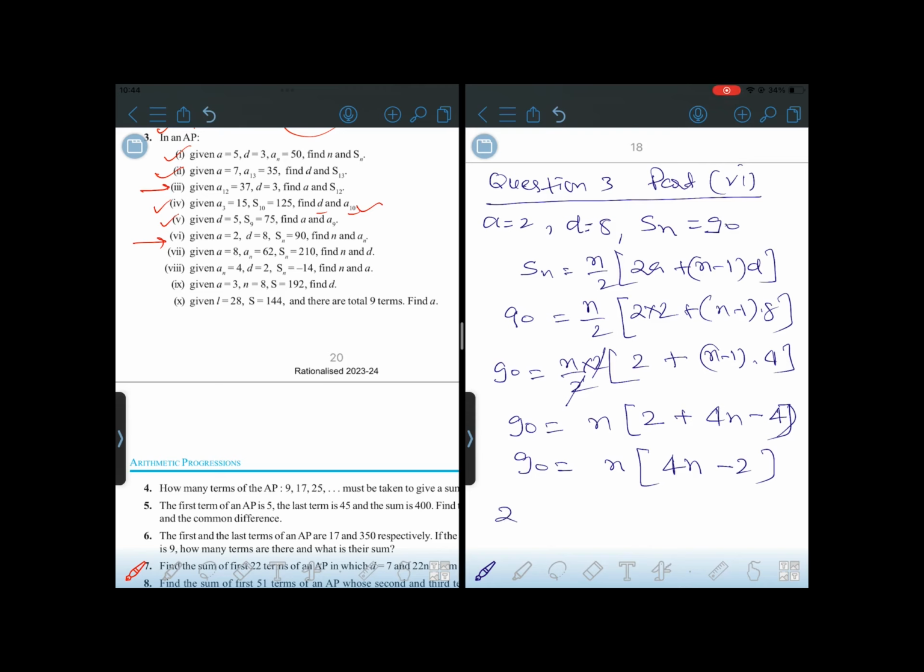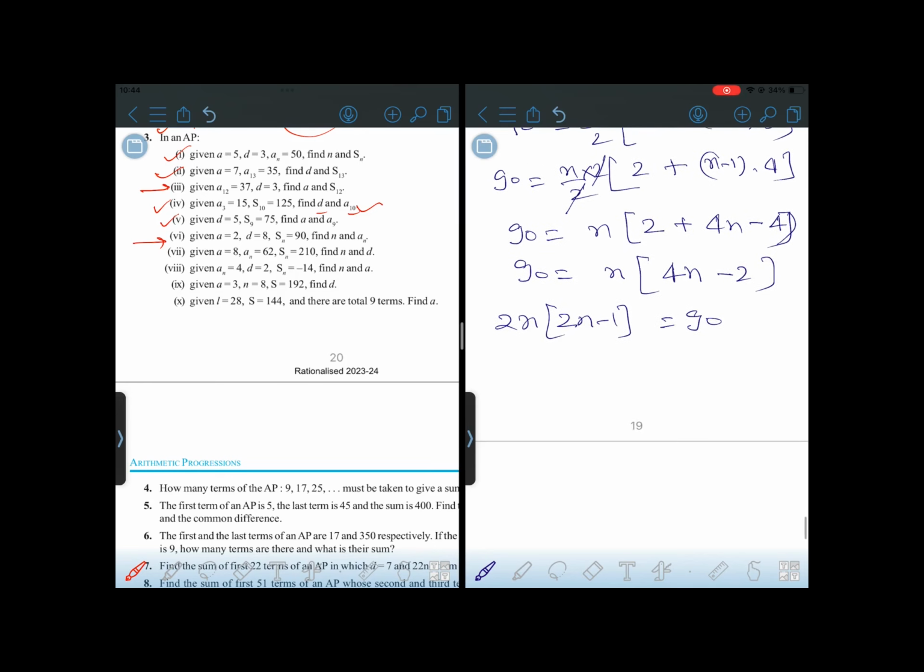So that gives us 2n in bracket, inside 2n minus 1, is equal to 90. Then we have got n in bracket 2n minus 1 is equal to 90 upon 2. That gives us n into 2n minus 1 is equal to 45.